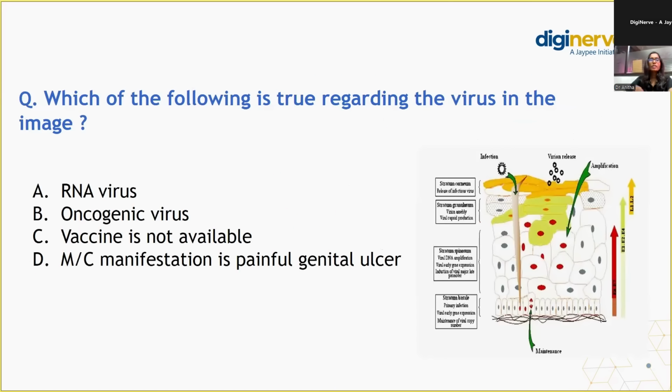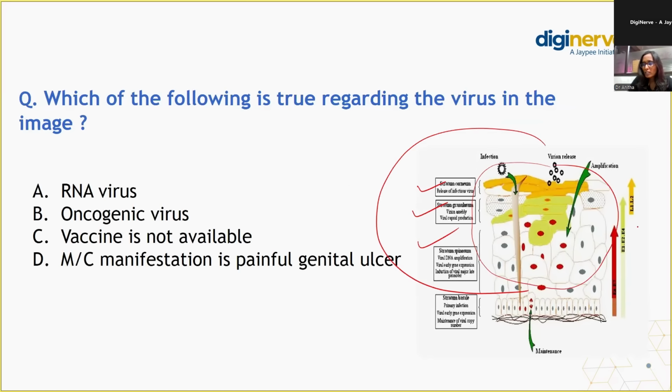Next question. Which of the following is true regarding the virus in the image? It's a very simple question. First of all, you have to see the image. You're able to see the skin layers: corneum, granulosum, spinosum. You can see the infection is mainly limited to the squamous epithelium.